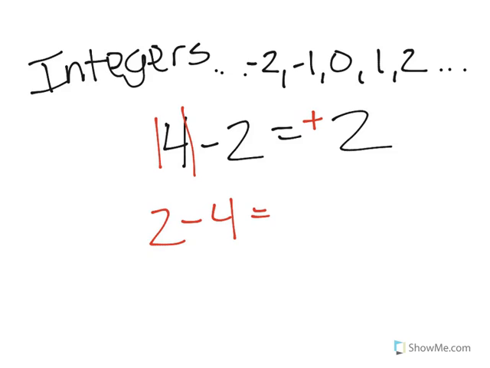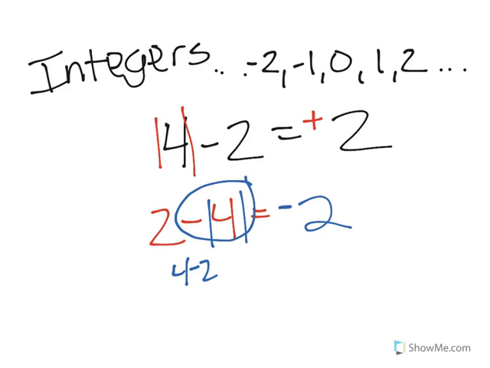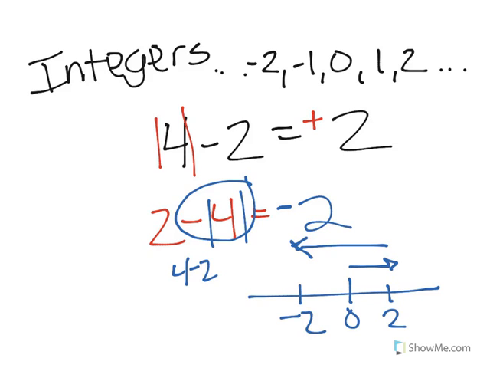Again, the number with a greater absolute value is 4. So 4 minus 2 is 2. But this time, the number with the greater absolute value was negative. So my answer is -2. I did this on the number line. Start off at 0. I'm going to go 2 to the right because 2 is positive. Then I go 4 to the left because it's negative. And I end up at -2.